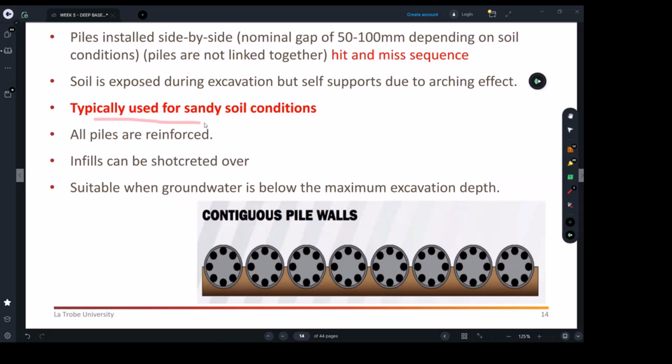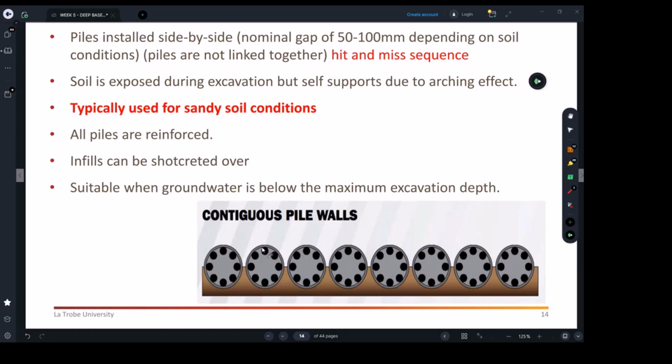It's used, as I just said, in sandy soil conditions. In sandy soil, you definitely can't go with the soldier pile system because it has very large spacing. All piles are reinforced, the same point we had for the soldier pile system, because they are eventually going to be under flexure. So we need to have the concrete reinforced with steel.